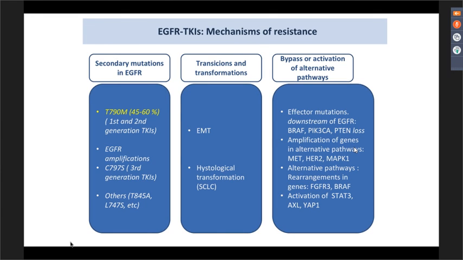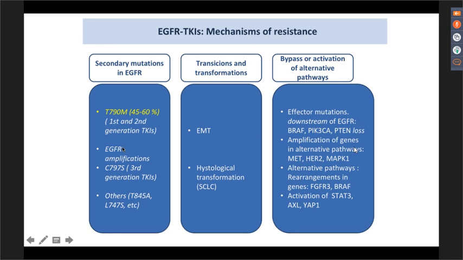Although TKIs or tyrosine kinase inhibitors targeting the epidermal growth factor receptor have shown effectiveness as therapy for advanced non-small cell lung cancer with mutated EGFR gene, acquired resistance has emerged as a major limitation of these types of targeted therapies.